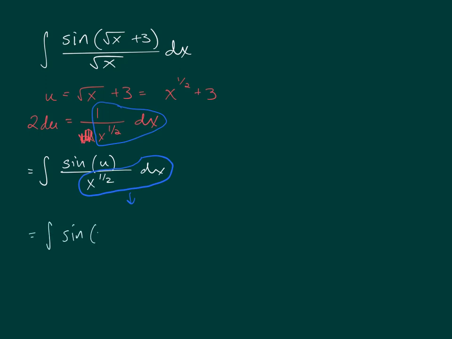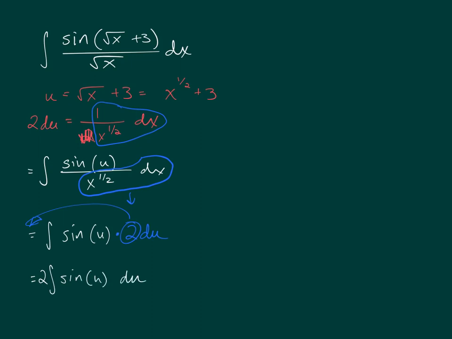So this would be sine of u times 2 du. And again, I want to bring this to the front of the integral. And so that leaves me with 2 integral sine of u du.